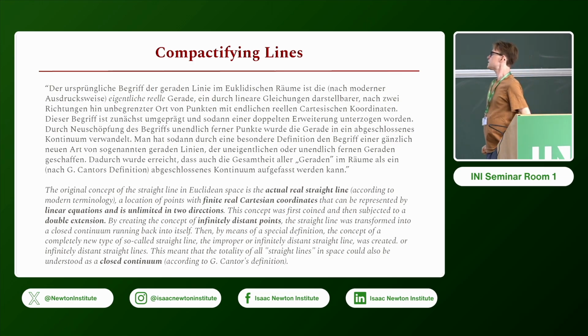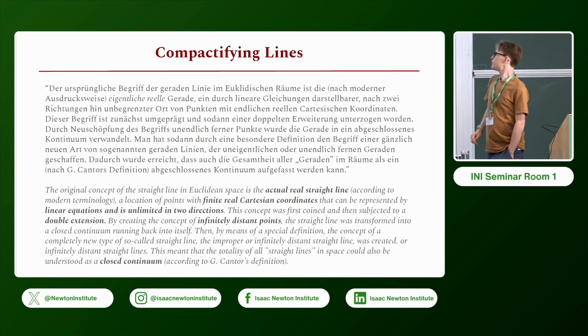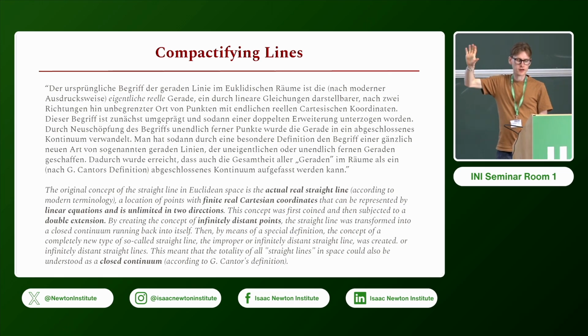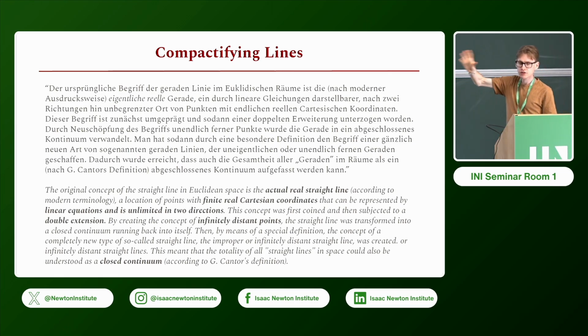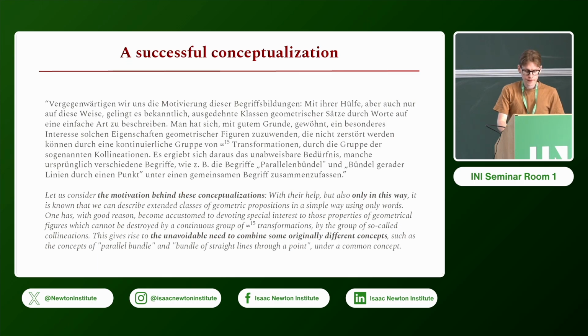And in the same way, he says, well, what Plücker had achieved is adding infinite lines at infinity, lines in infinite plane, so as to be able to say general things about lines in space. And this is particularly useful because it allows you to generalize projective geometry in space.